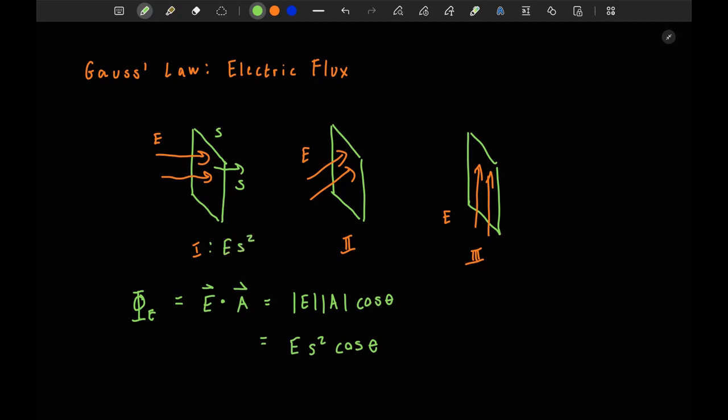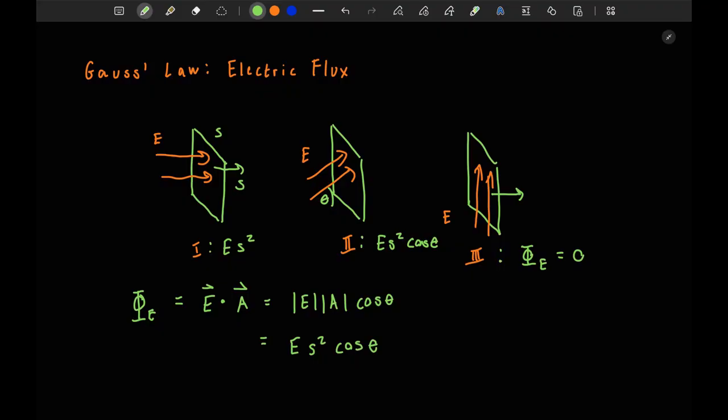In scenario 2, we would need to know some detail about the angle theta right there, and then we'd get E s squared cosine theta. And finally, in scenario 3, if we draw our normal vector to the surface, our angle is 90, and so our electric flux would be 0.